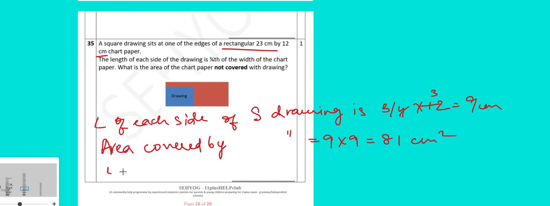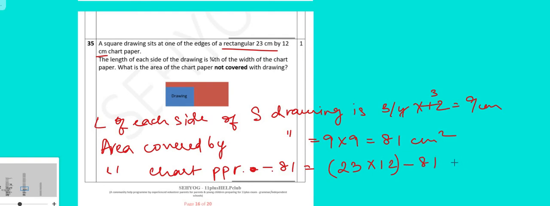Area of the chart paper now minus 81 is equal to 23 into 12 minus 81, equal to 276 centimeters square minus 81, which gives us 195 centimeters square, and our answer for this question.